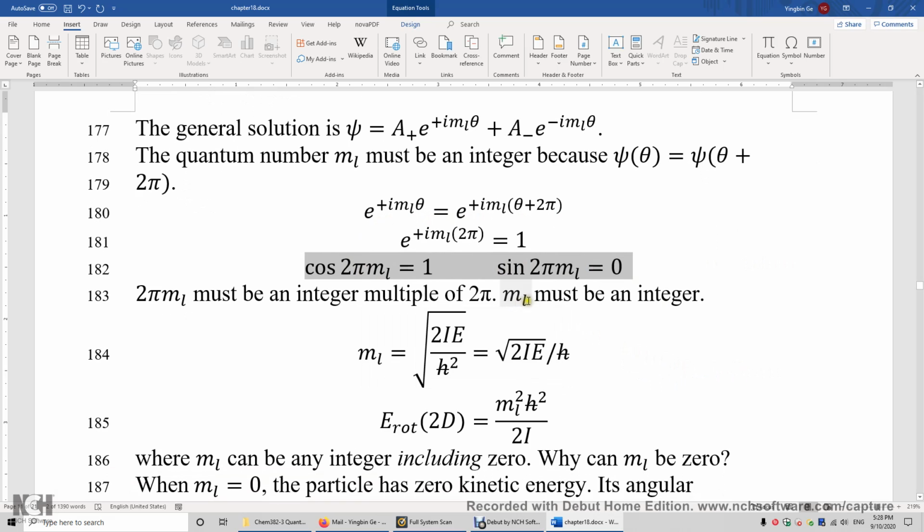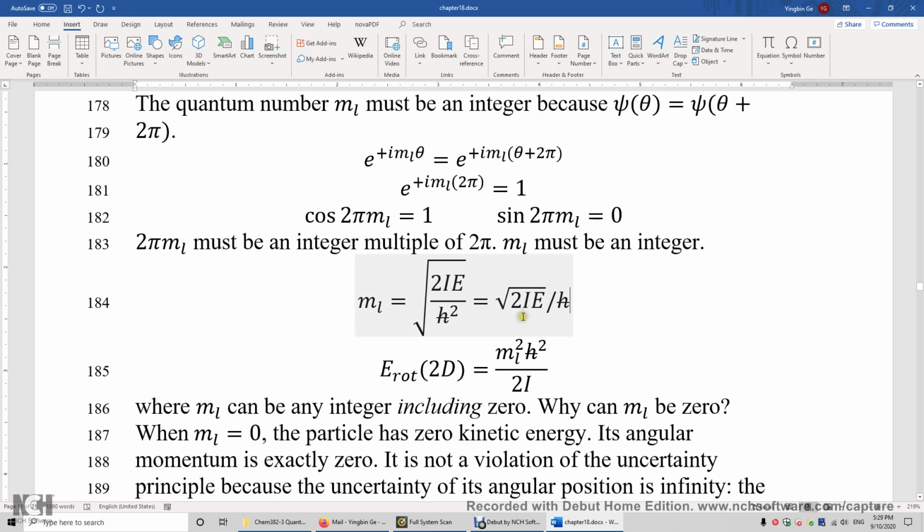Alright, so if m sub l is an integer, we know this has to be an integer, because we defined m sub l to be the square root of 2IE over h bar squared. And then we can solve for E, the energy. In this case, the energy of the particle is the rotational energy, because first, the potential energy is 0, and second, there's only rotation.